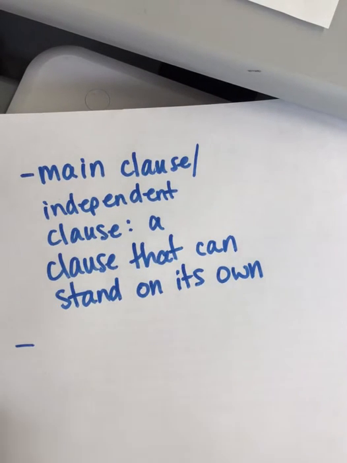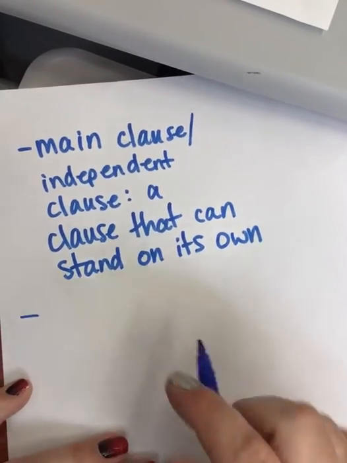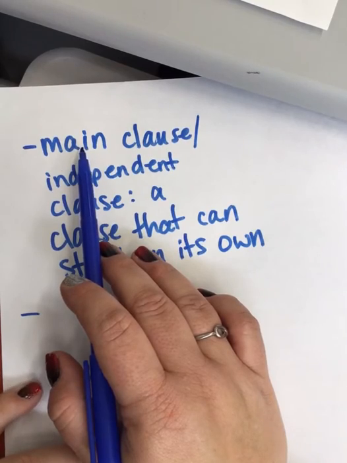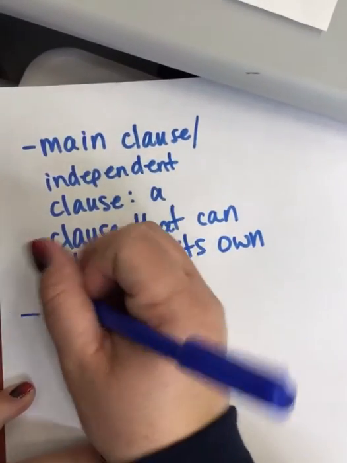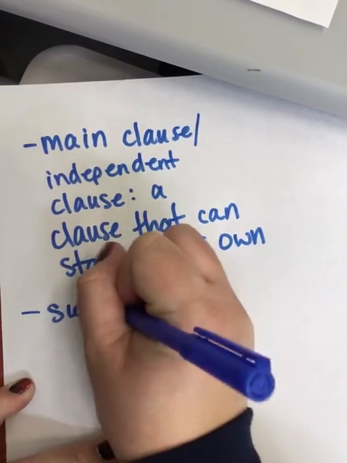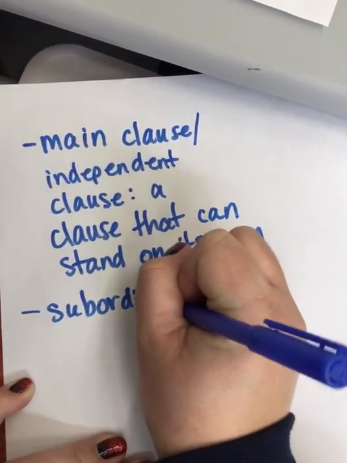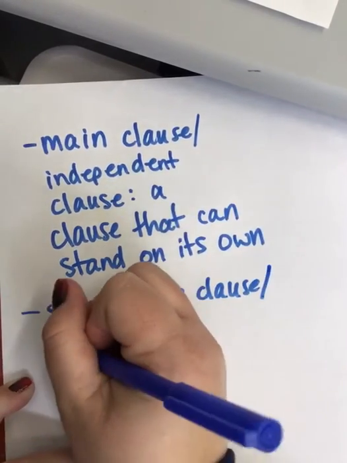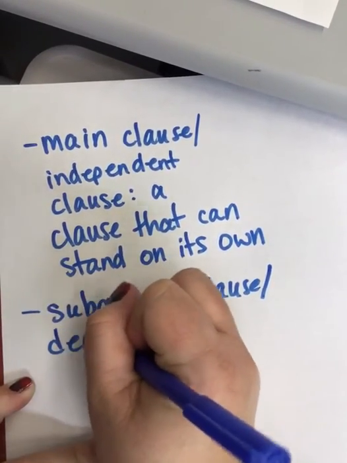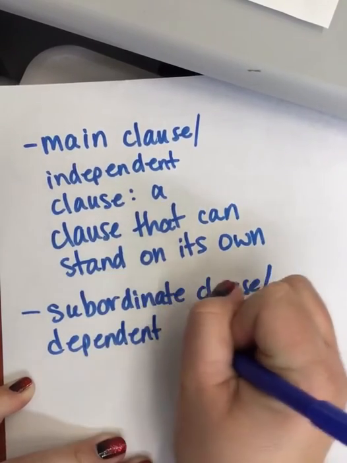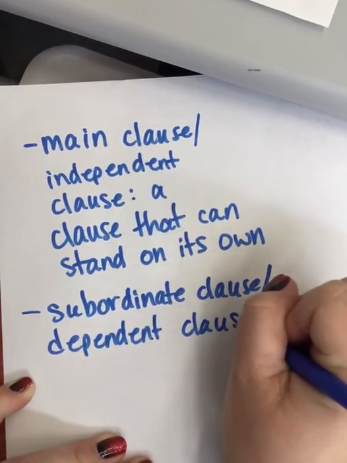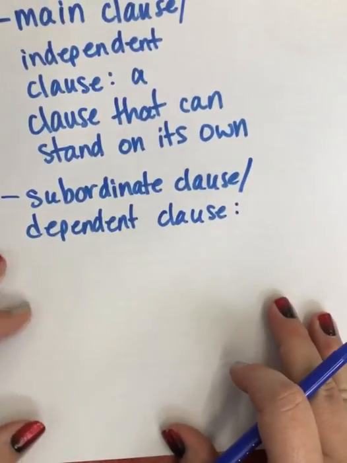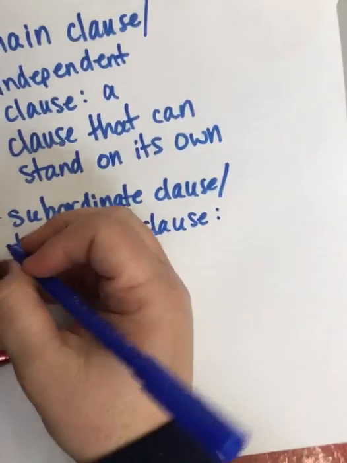Okay? The other type, does anybody know what the other word for main is? The opposite starts with an S. Secondary? No. Subordinate clause. And the opposite of independent is dependent. So those two are also interchangeable. And what is the definition of that?